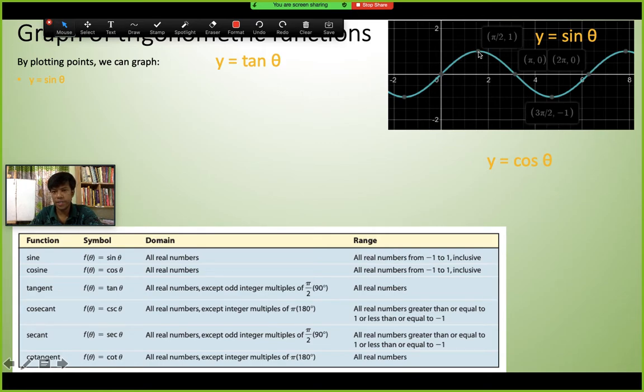You will notice that the maximum value of sine is +1 and the minimum value is -1. So the range of sine theta is -1 to +1.